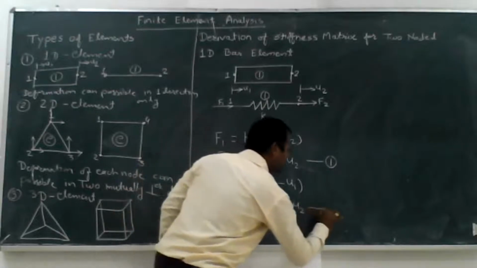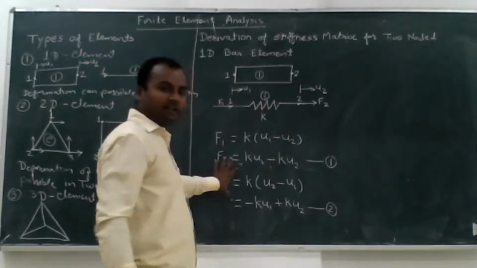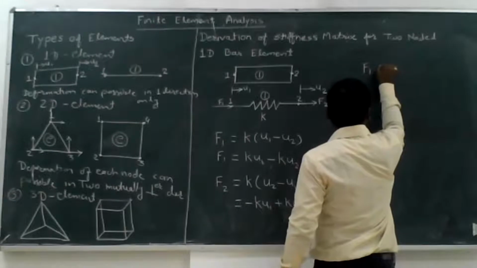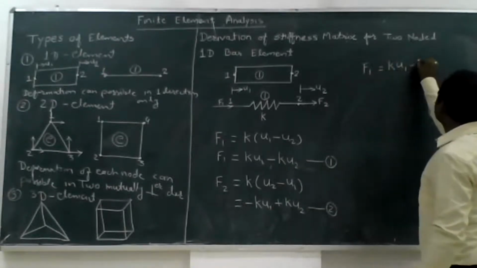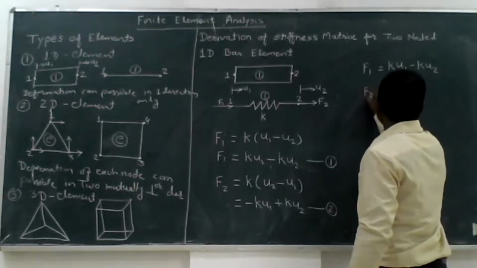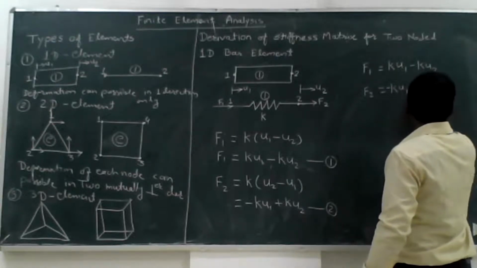This is equation number 2. If I write the equations jointly here, F1 is equal to KU1 minus KU2, and F2 is equal to minus KU1 plus KU2.